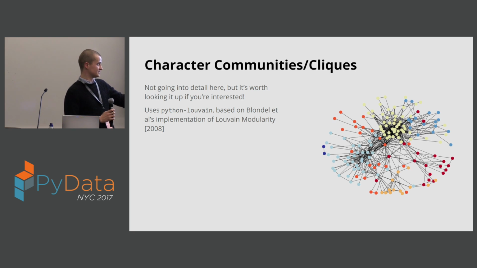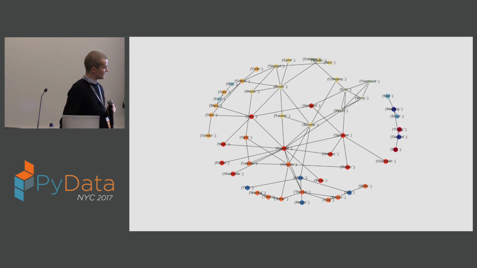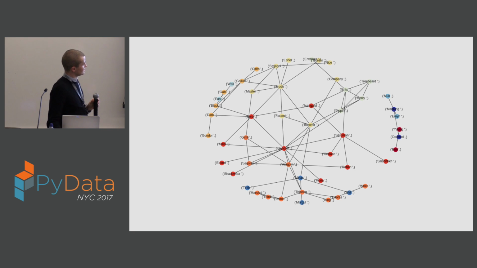If you have read Infinite Jest, you know that the novel takes place in two kind of main storylines, and there are a lot of little adjacent storylines that go along with that, and that's what we see here. Two big clusters of single colours, and then smaller clusters of other colours around there. This is Lord of the Rings.